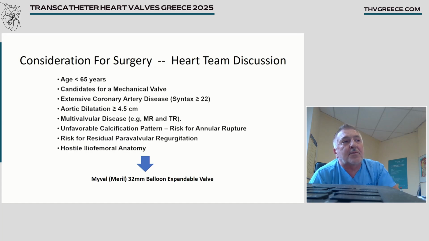The calcification pattern was okay, with low risk for annular rupture, and he also had low risk for paravalvular regurgitation. And of course, as we said before, his iliofemoral anatomy was favorable.